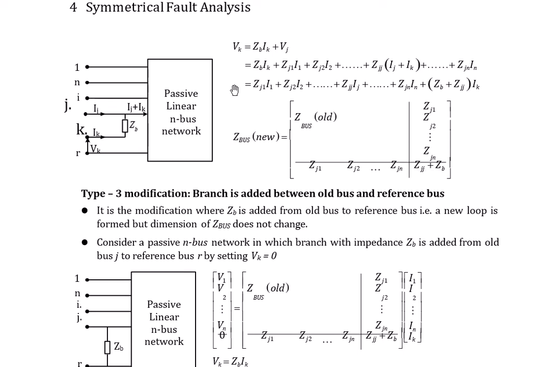So whenever any branch is added between an old and a new bus, the new Z bus will be this. Put in all the impedances and you will get this formula. Every time any branch is added, the dimension of our Z bus increases by 1.